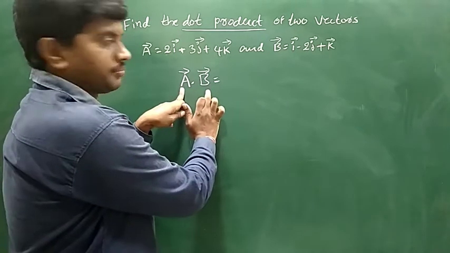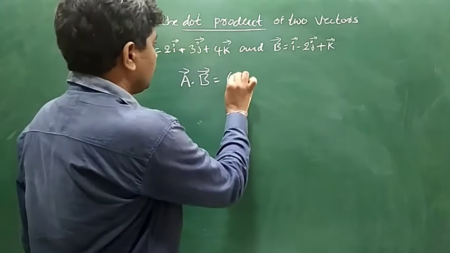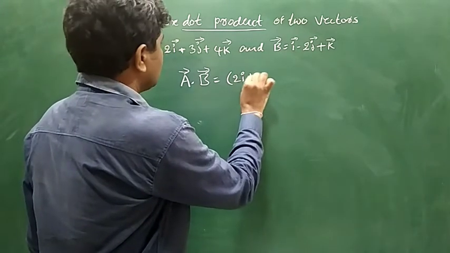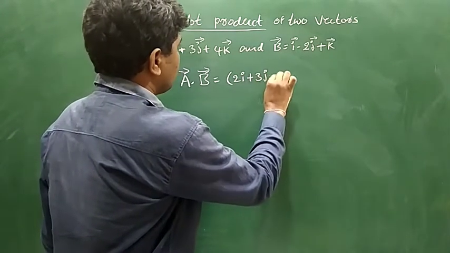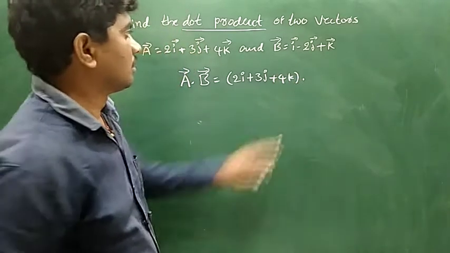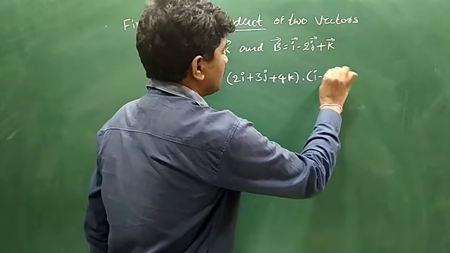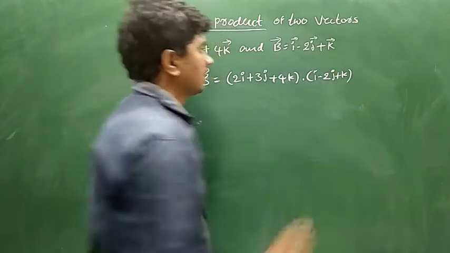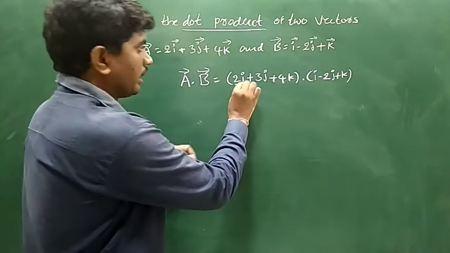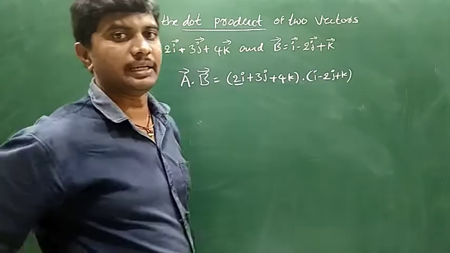A dot B. First of all, take A bar equals 2i plus 3j plus 4k, dot product with B, where B equals i minus 2j plus k. First take 2i multiplied with i minus 2j plus k.